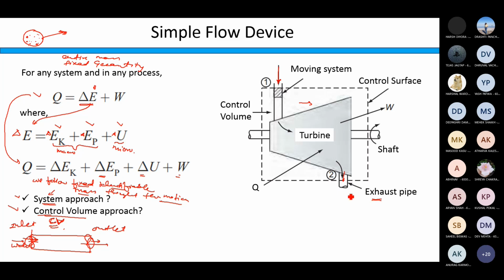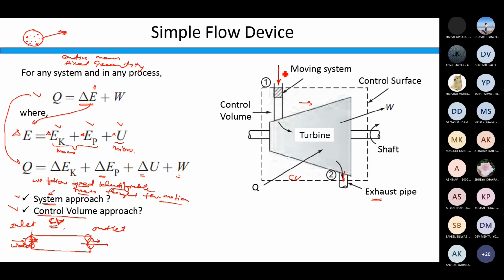So this is your exhaust pipe, right? Inlet, outlet, correct? And this is the shaft of your turbine, rotating shaft. And then what I am going to do is I am going to fix the boundary like this. So this is my control volume actually. Whatever shown by the dotted line, this one is the control volume.